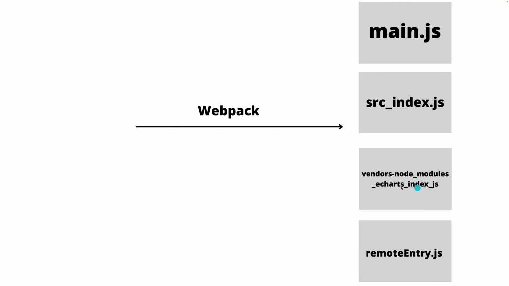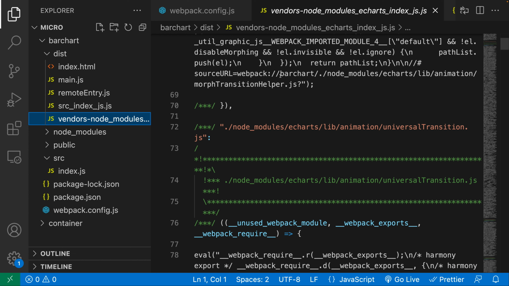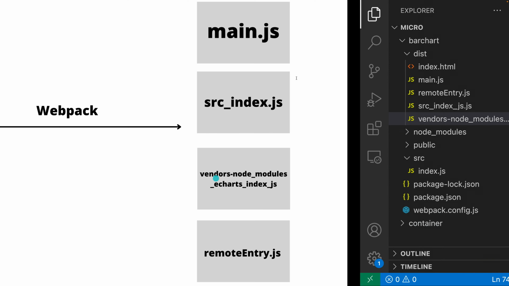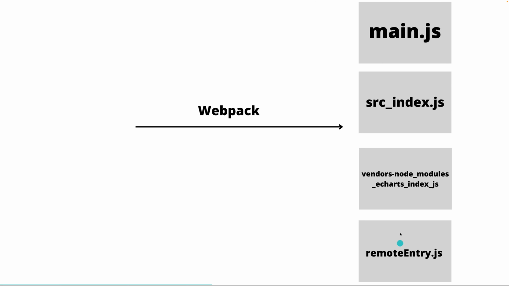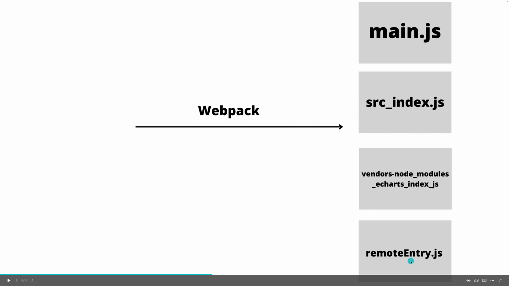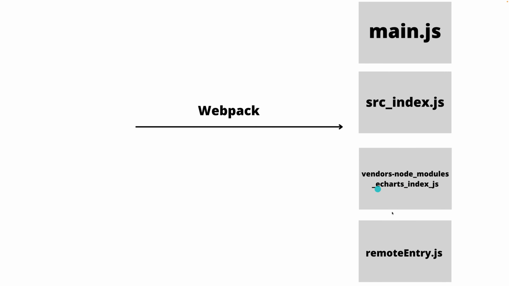Now this file is a little bit more messy. It's a lot of things going on, but if we ever want to run echarts, this is the file that we are going to run. Well, then what is this remote entries file? Well, this remote entries file is very simply a set of instructions that we can follow to run any one of these files. So let's say our application needs to run this index as well as this echarts.